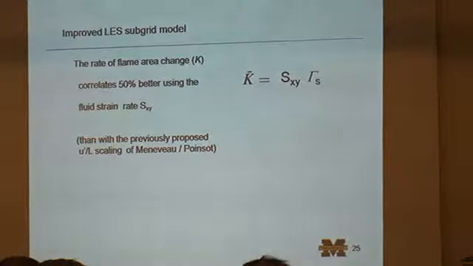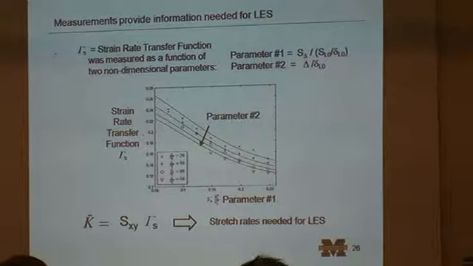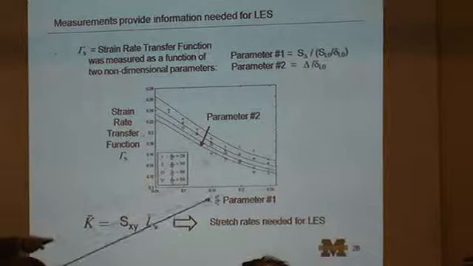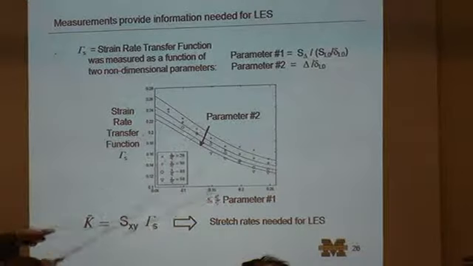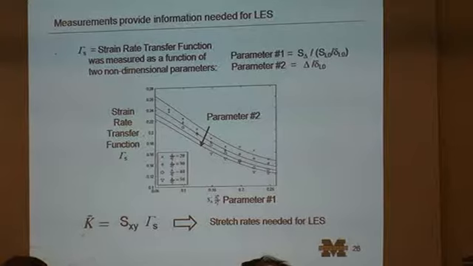And so I guess I will sum up by saying that he comes up with a strain rate transfer function, which is very much like the stretch efficiency function. And it's a function of two non-dimensional parameters, the strain rate in the reactance and the size delta here, which is the filter size.